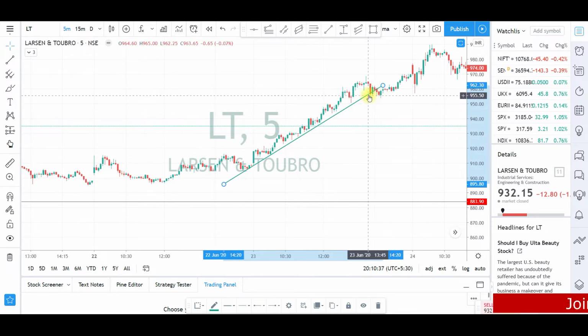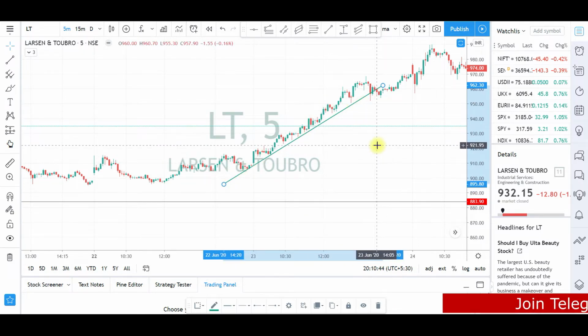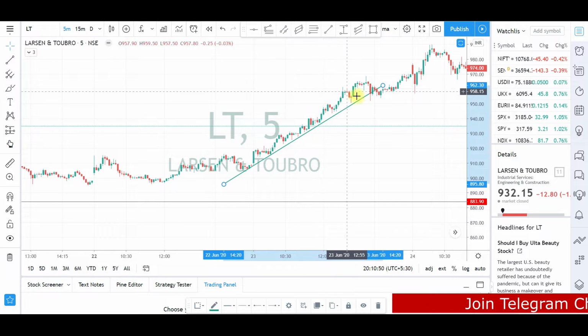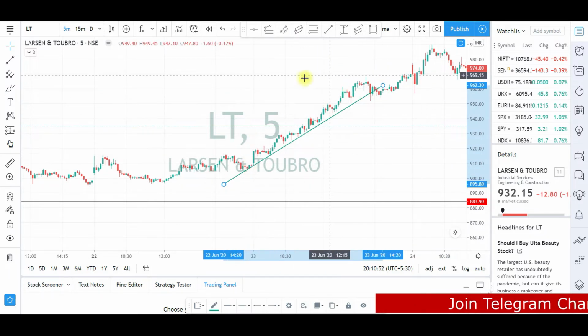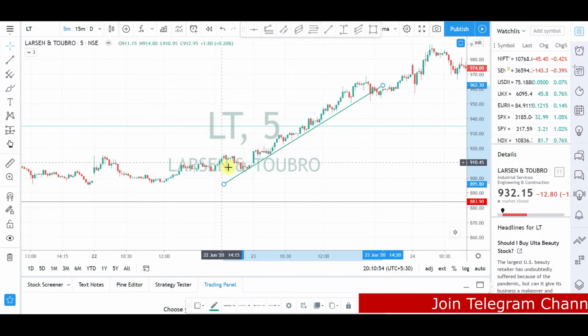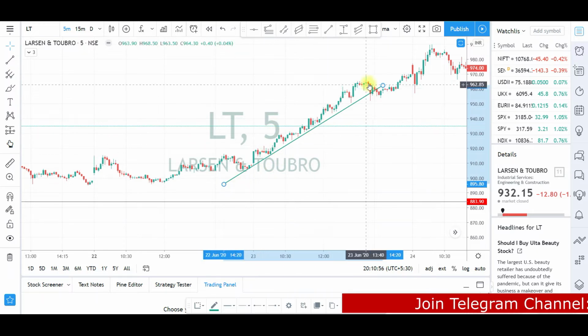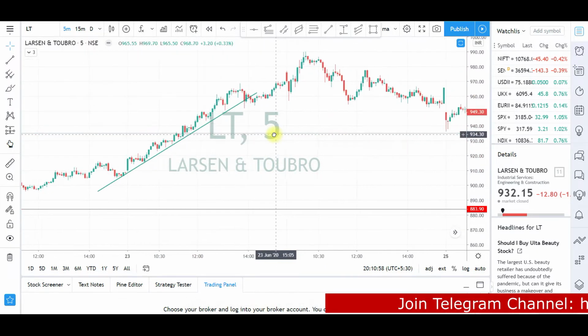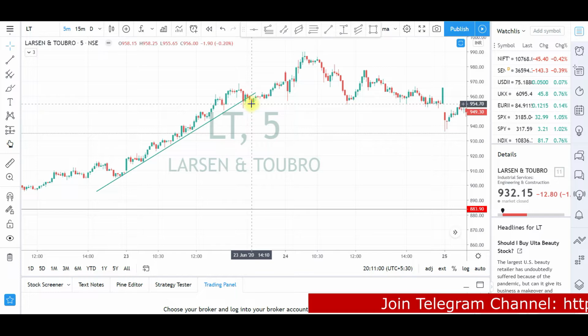Until our stop loss is not hit, or we have not moved out at this particular candle, or this candle, this is beautifully tested. This particular movement was a fantastic movement and we got exactly as per the trend line.